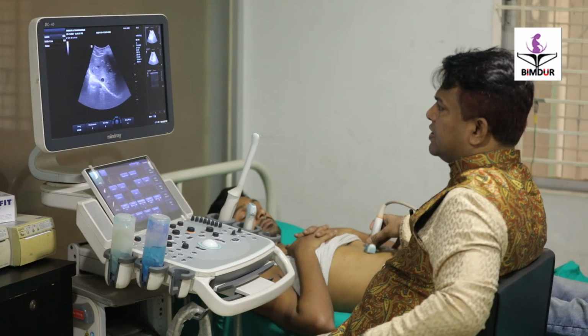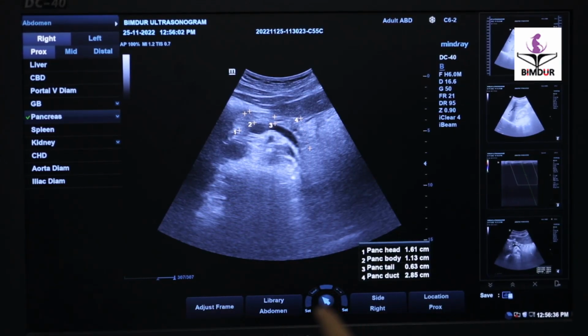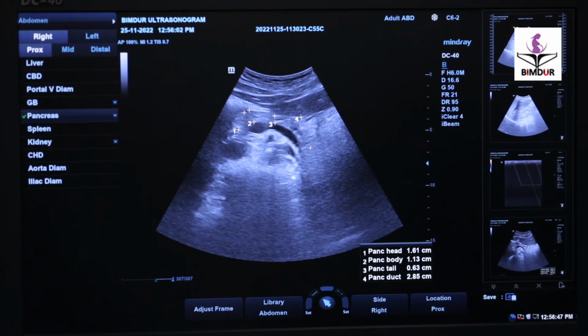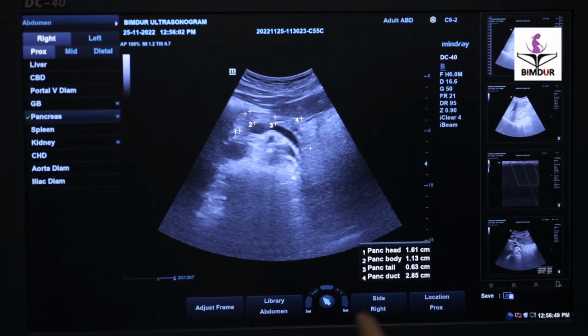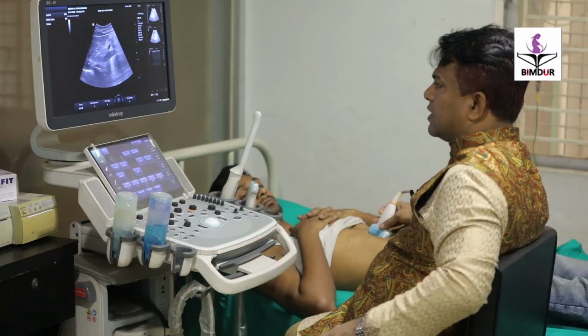And we see the pancreas view properly at this time; this shows this image. This organ is difficult to visualize, but if you apply the technique, it is easily shown. Otherwise it is difficult.